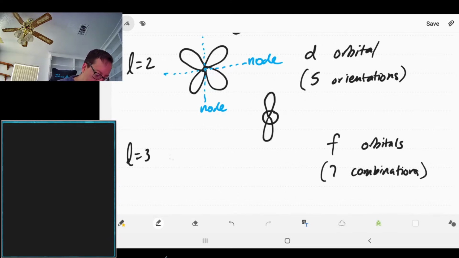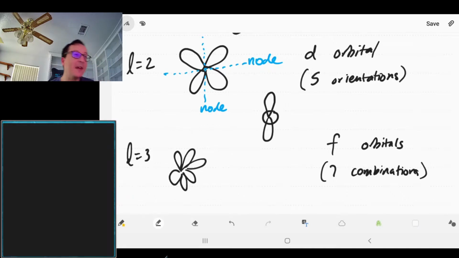So f orbitals, let's see. There's 1 f orbital. Again, don't worry about learning the shapes of those. But that's what 1 f orbital looks like. You saw that there's a couple that have various different things. So, cool. Those are our orbitals.